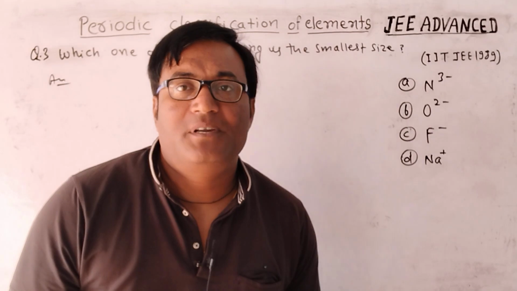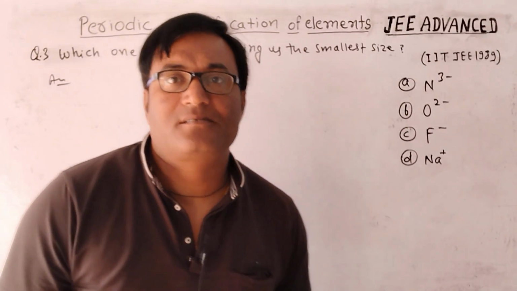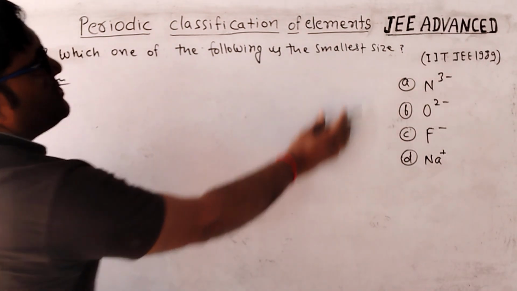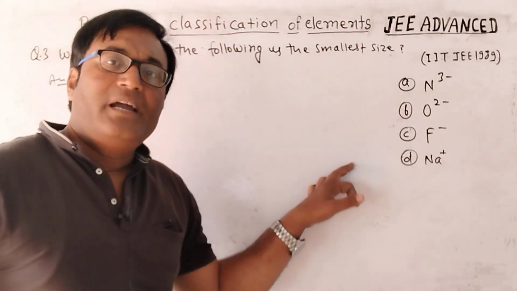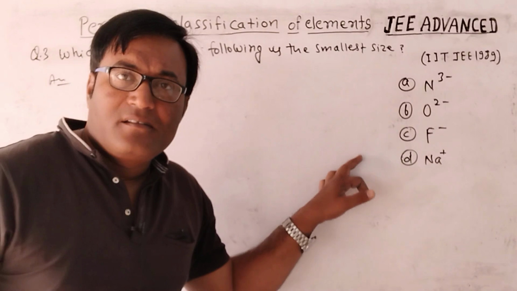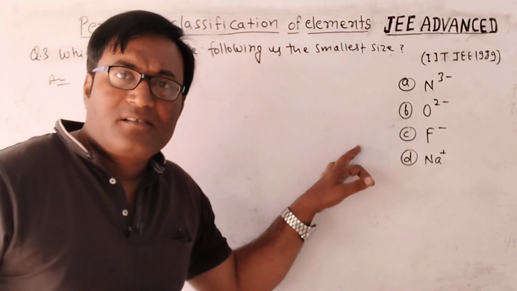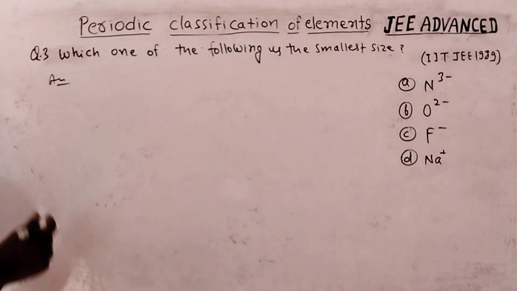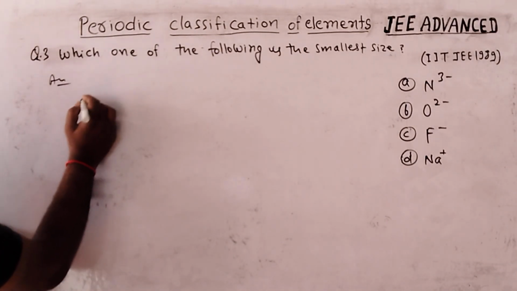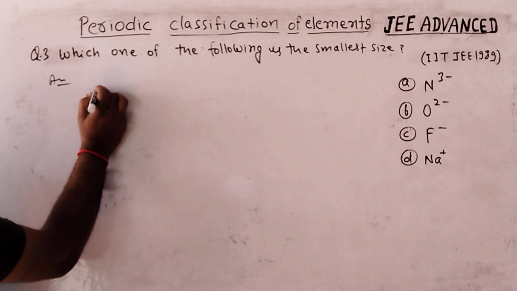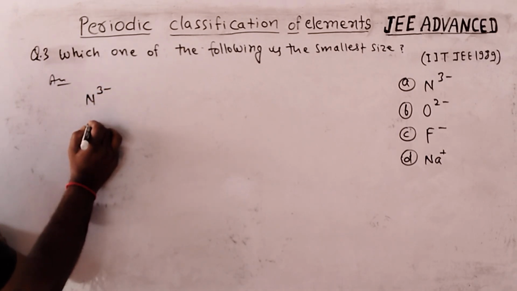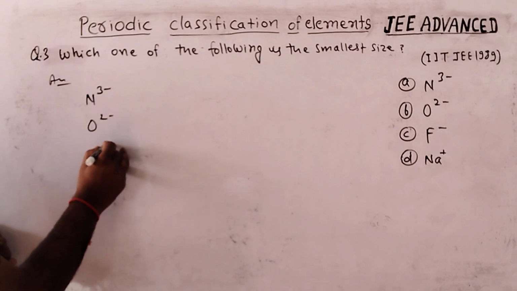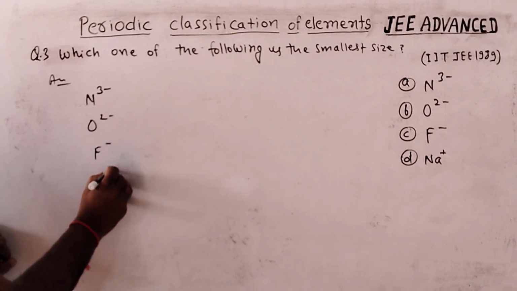Now question number 3 is completely based on size of cations and anions. According to question number 3, which one of the following has the smallest size? 4 cations and anions are given. In which cation or anion is the size minimum? Now here nitrogen is in form of nitride, oxygen in form of oxide, fluorine in form of fluoride, and sodium in form of cation.